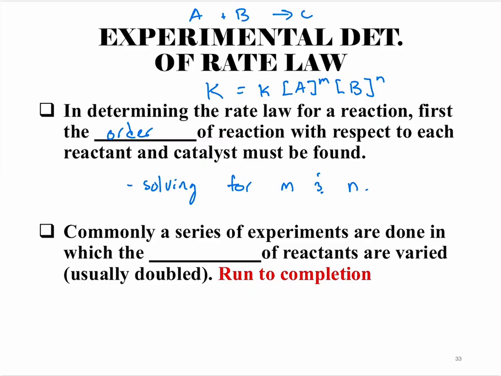And so the way that you guys are going to be doing this in lab is you're going to be looking at a series of experiments in which the concentration of reactants are varied. And usually they're going to be doubled, right? So that's why we did the whole table of how the doubling of the reactants affects the rate constant. Because it's easy to see by eye. You can go through and get a bunch of other ratios too, but those are the ones that are easy to see.